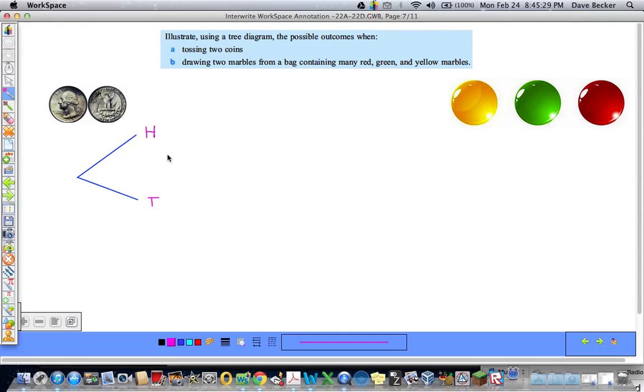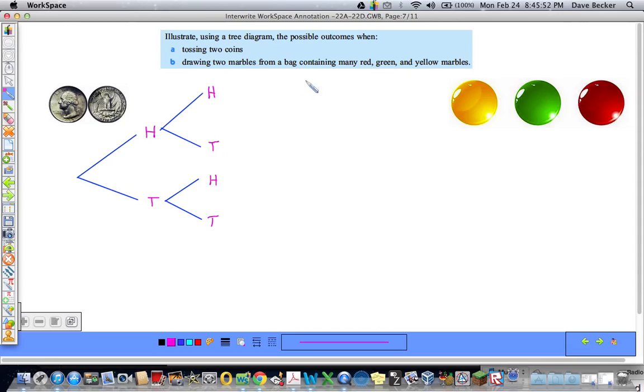And then if I toss a second coin, the second coin could also come out either heads or tails. So I could get heads, heads, heads, tails, tails, heads, or tails, tails.